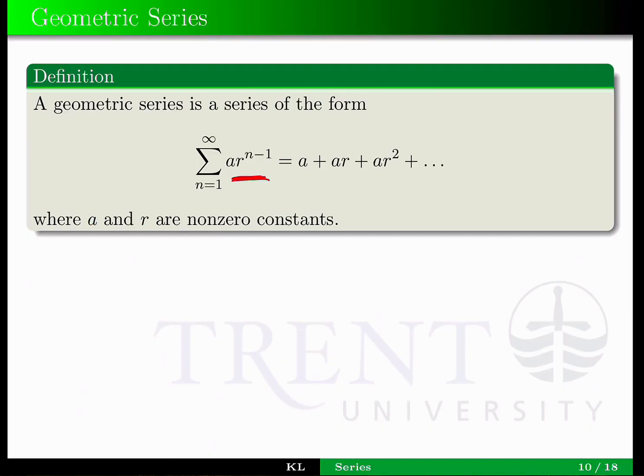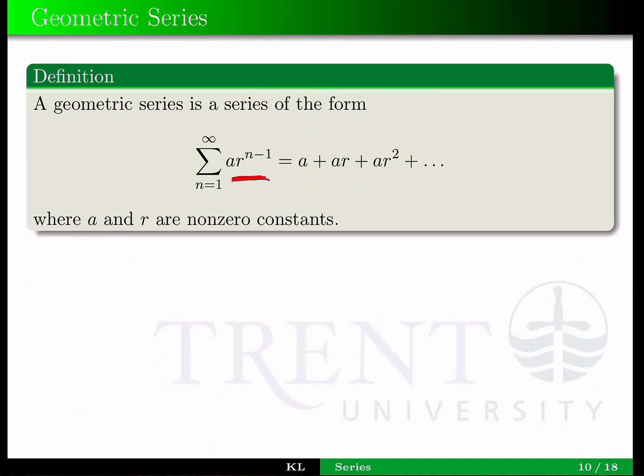So if you explicitly write it, it's a plus ar squared plus ar cubed plus so on and so forth, where a and r are non-zero constants. Of course, if a is 0, then it's just adding zeros, right? If r is equal to 0, then you'll just have a because all of these will be 0 except for this one.